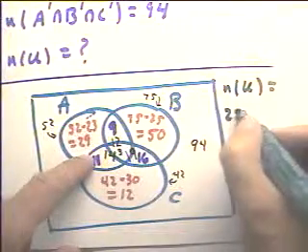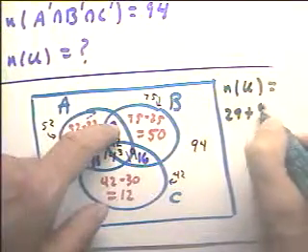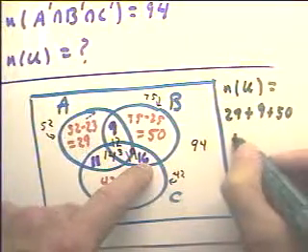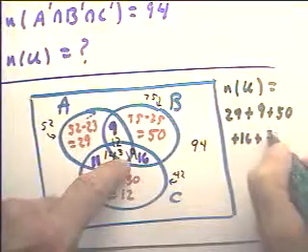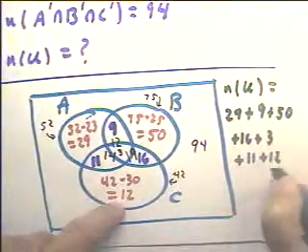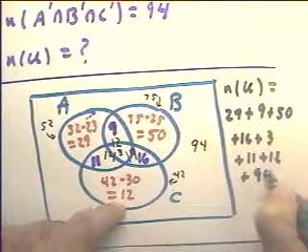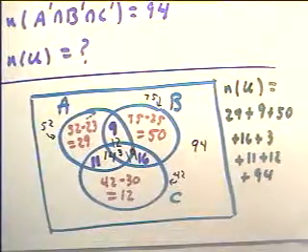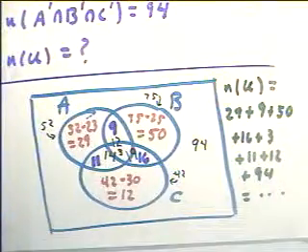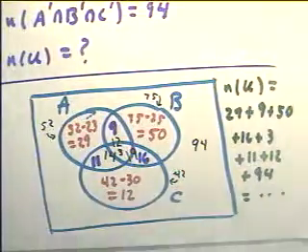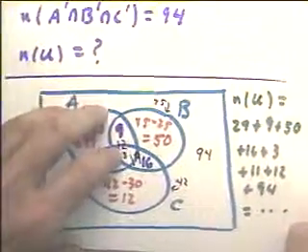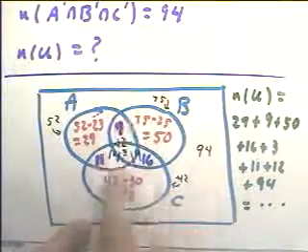We got 29 in this region, 9 in this region, 50 here, 16 here, 3 here, 11 here, 12 here, and 94 out here. And we add those numbers up, and we get the number in the region U. I'm not going to add those numbers up because I'd probably make a mistake. I'll leave it to you to add those numbers up. But you see the procedure.